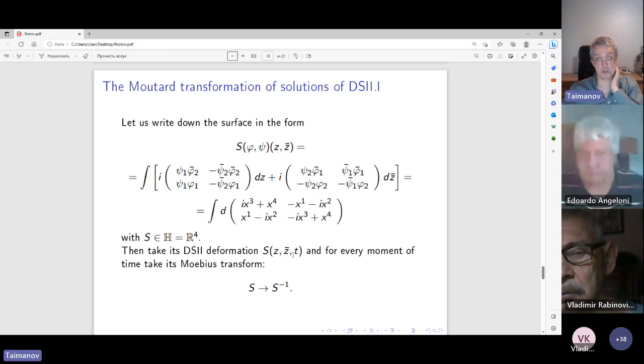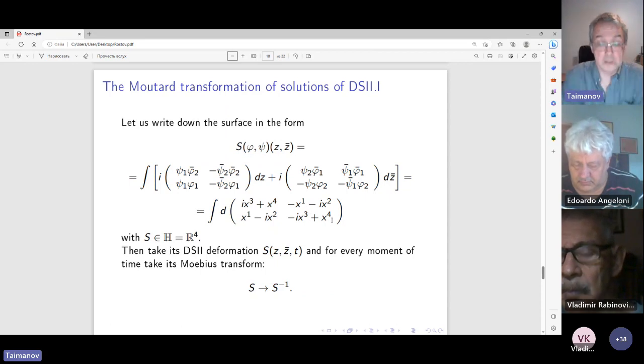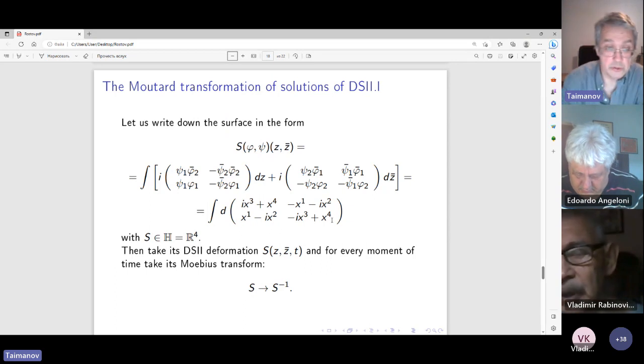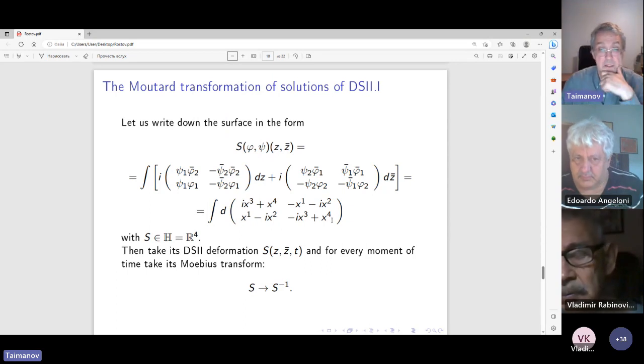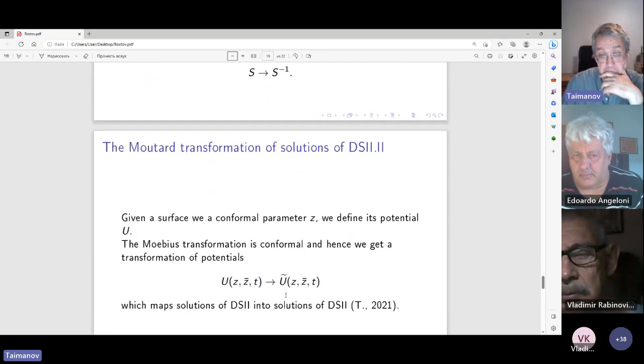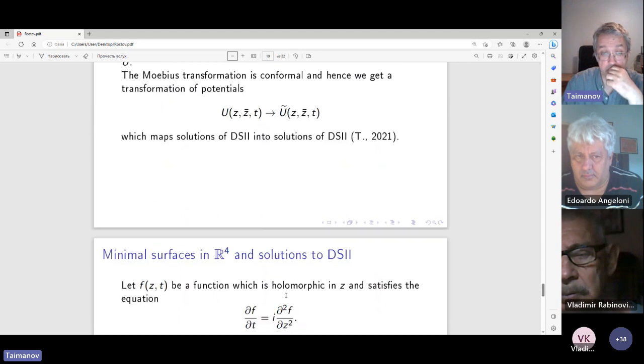This is exactly x1, x2, x3, and x4 equals 0. There is no constant real diagonal term, so these are just imaginary quaternions. Again, the surface is realized as a surface in imaginary quaternions, and we take this Möbius transformation, and it gives you new solutions of modified Novikov-Veselov.